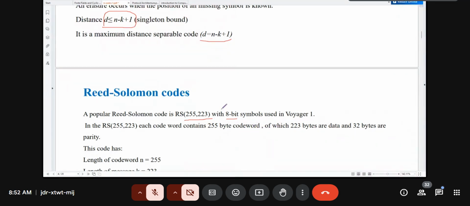And we're also saying, since we have 8 bits, your symbol can be one of the 255 symbols. Of course, that 255 is different from this 255 because you are talking about a 255 byte code word, of which 223 bytes are data and 32 bytes are parity. It's good to know that we are using bytes here because they are 8-bit, and 8-bit is a byte.